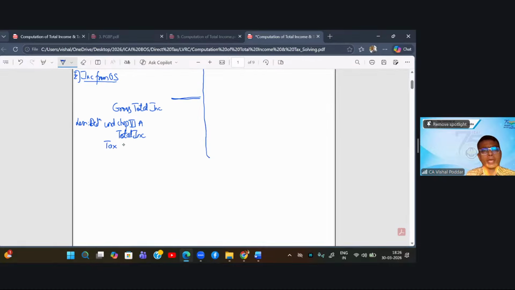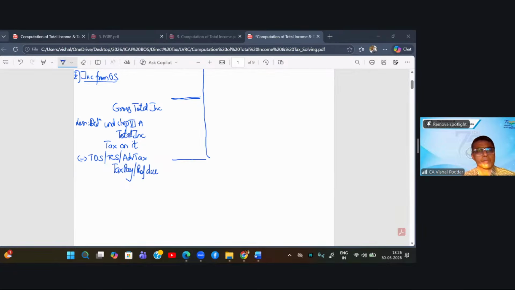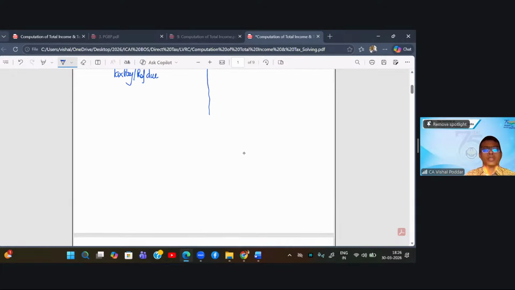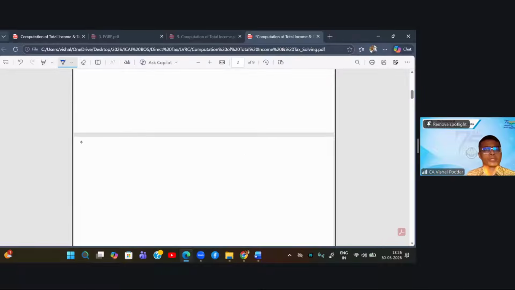Then I'll compute tax on it minus TDS, TCS, advance tax, correct? So this will be my final tax payable or refund due, correct? Okay. So this page I dedicate for the main working, and then we can start with our working notes.